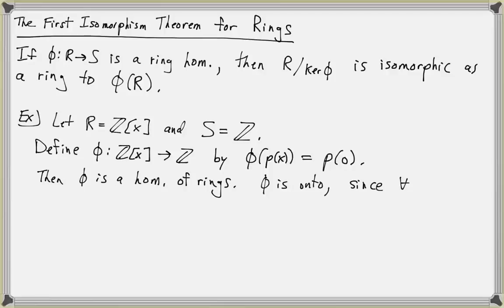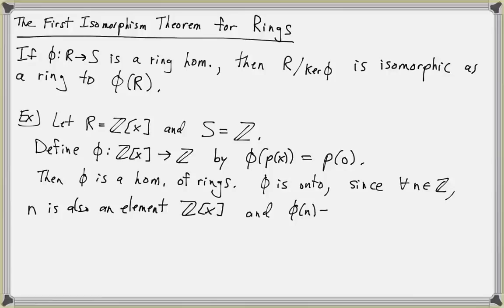since any integer n is also in the ring of polynomials with integer coefficients, and phi of n would map to itself.